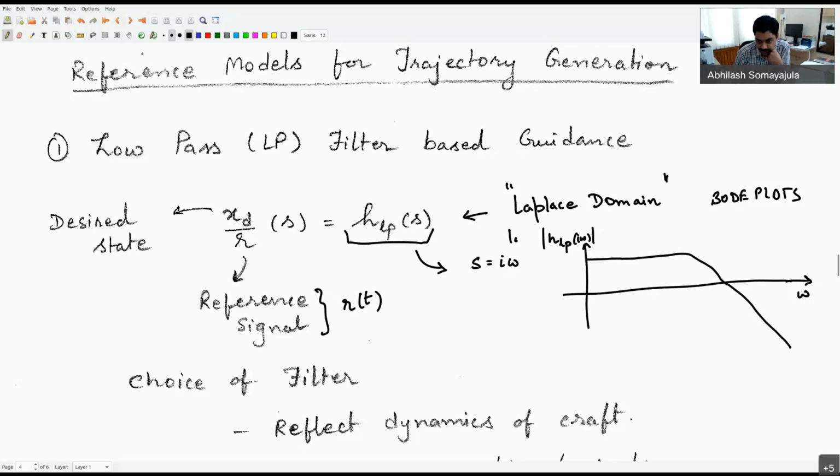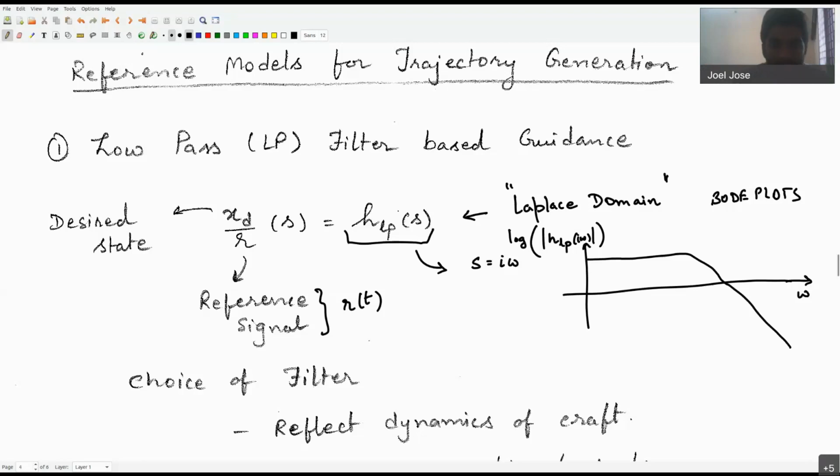So let's say log of this. If you look at a filter which looks like this in the frequency domain, what can you tell? The magnitude is lesser for higher frequencies.